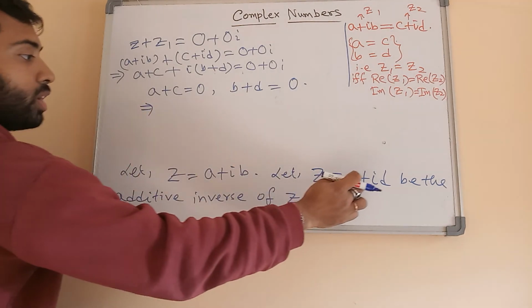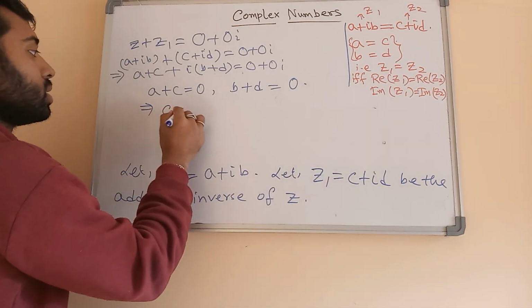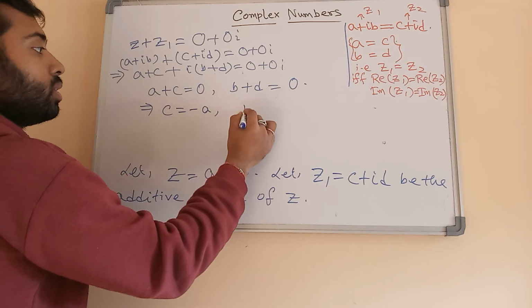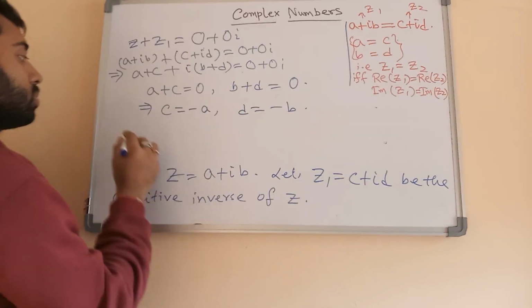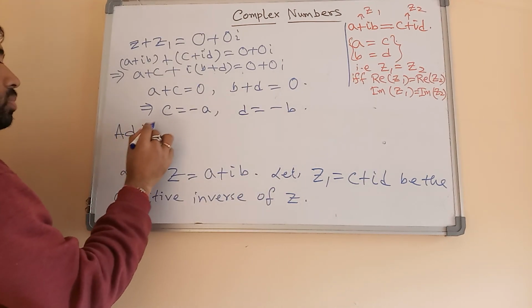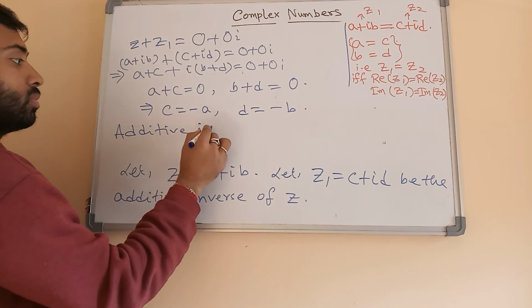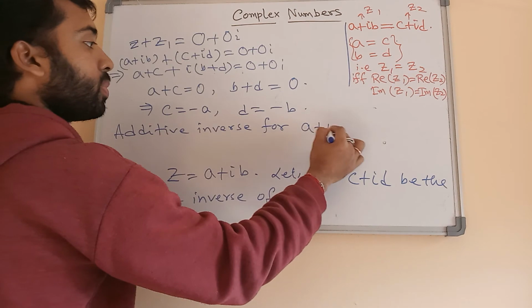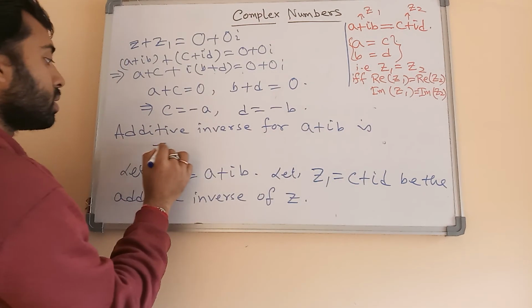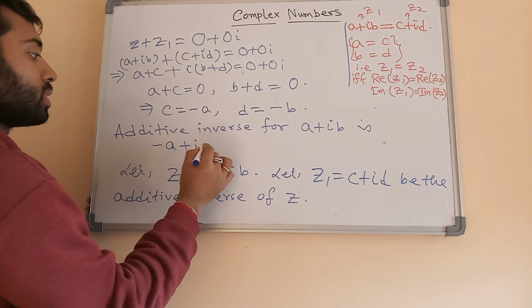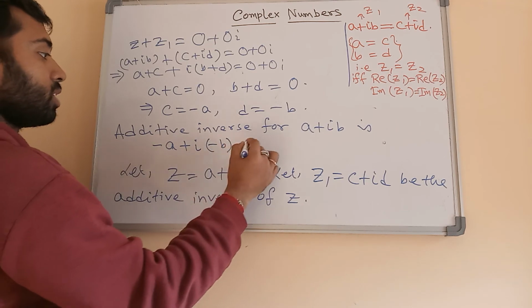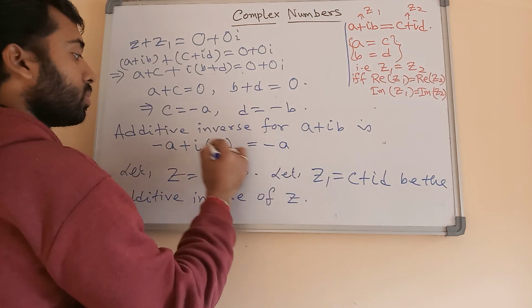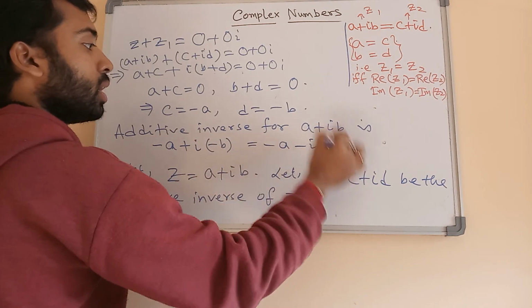So we have to find the value of c and d. So c equals minus a, d equals minus b. So the additive inverse for a plus ib is minus a plus i into minus b, or you can write minus a minus ib.